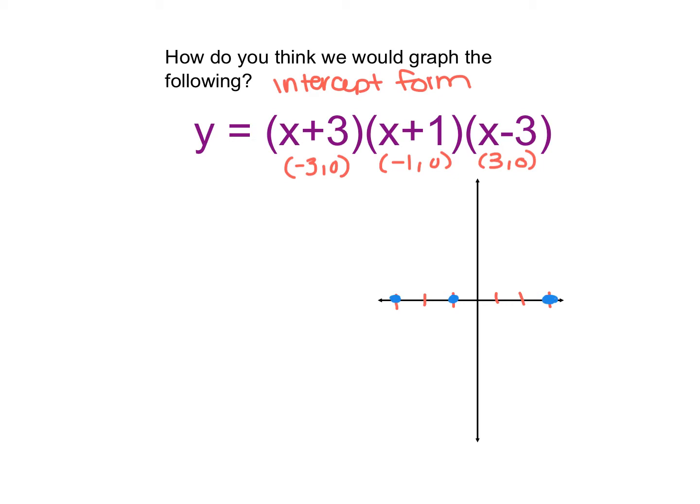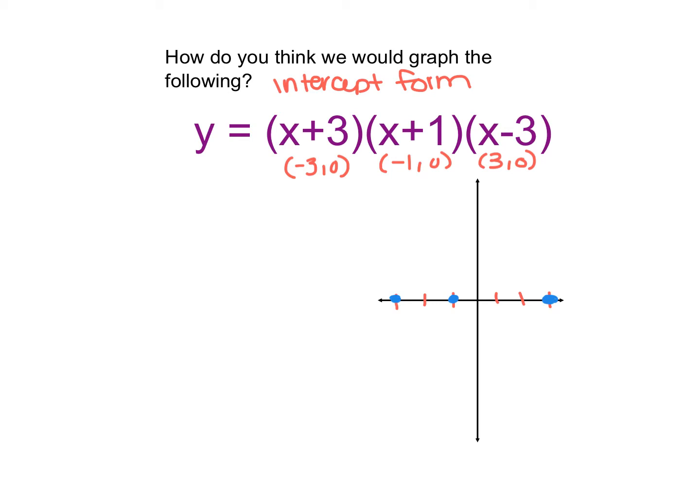Then from here, what we can actually do is we have what are called local minimum values and local maximum values between all of our x-intercepts. So if we think about a quadratic and its vertex point, we're essentially going to have a quote-unquote vertex point between each set of x-intercepts.